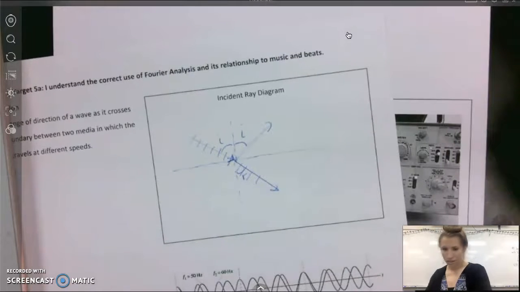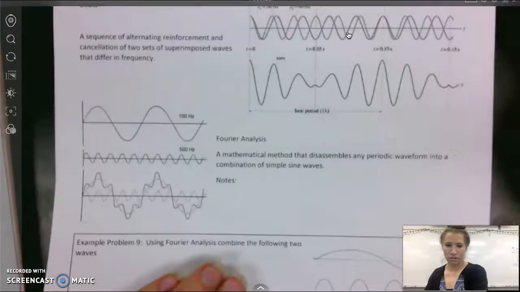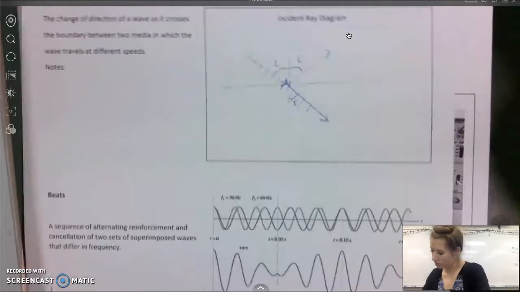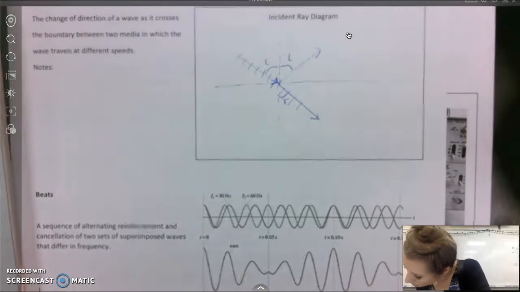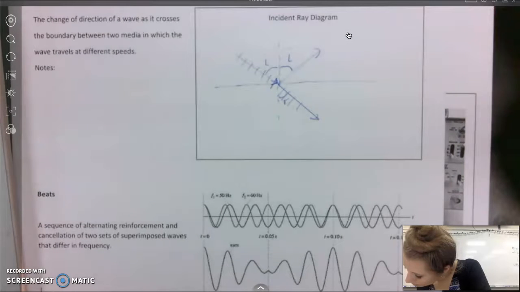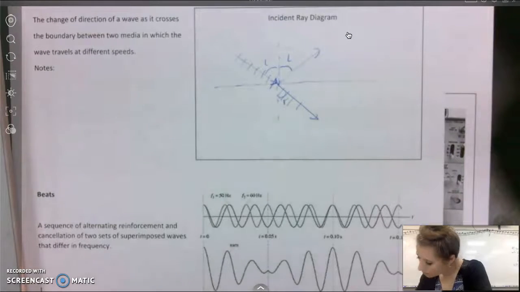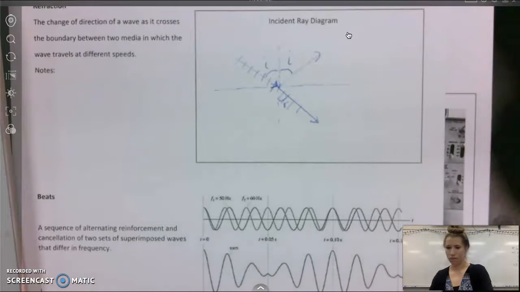Okay. And so see, I've drawn that first origin line, and then I'm going to draw the second one. Okay.